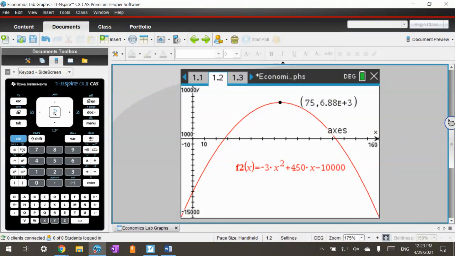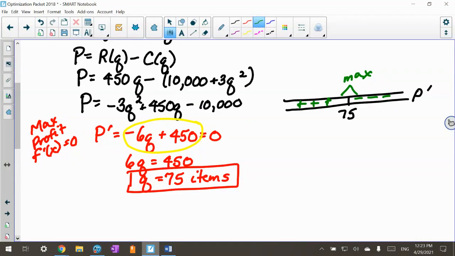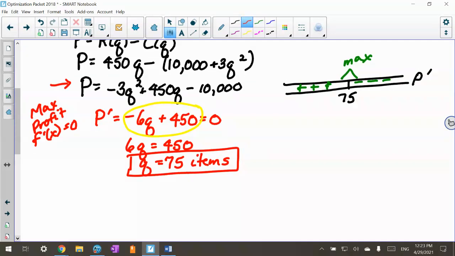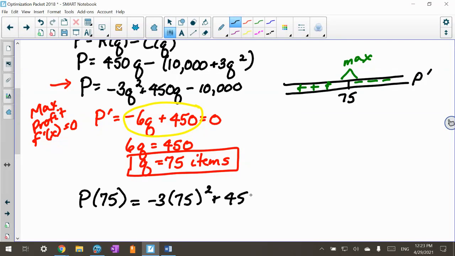Well, that's the next part of our question: what is the max profit? This is a little rounded. If I really want to know the max profit, I have to put it back into the profit equation, not the derivative. If you put it back in the derivative, you're going to get 0. So the profit of 75 items is negative 3 times 75 squared plus 450 times 75 minus 10,000.